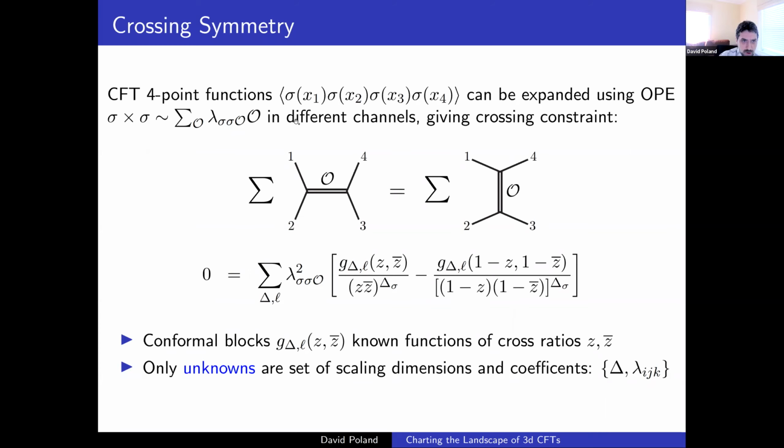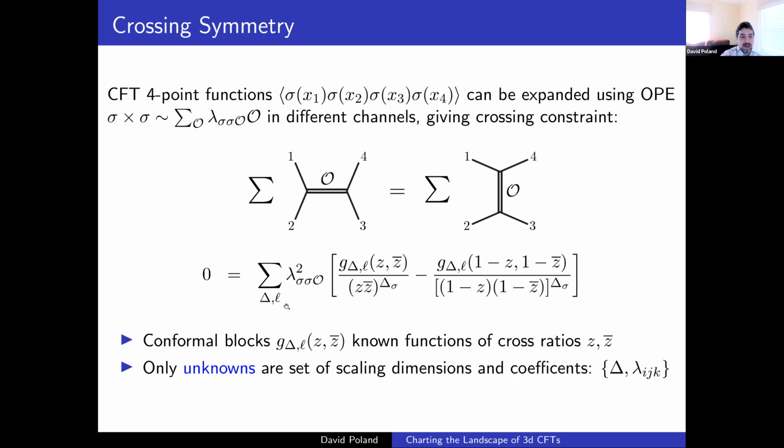So if you apply the OPE between sigma of x1 and sigma of x2, and then also sigma of x3 and sigma of x4, you get one expansion of the 4-point function in terms of all the operators that are exchanged in the OPE, along with their OPE coefficients, lambda, sigma, sigma, O. And then if you require that expansion is equal to the expansion that you get when you take the 1,4 and 2,3 OPE, then you get a kind of constraint on the theory.